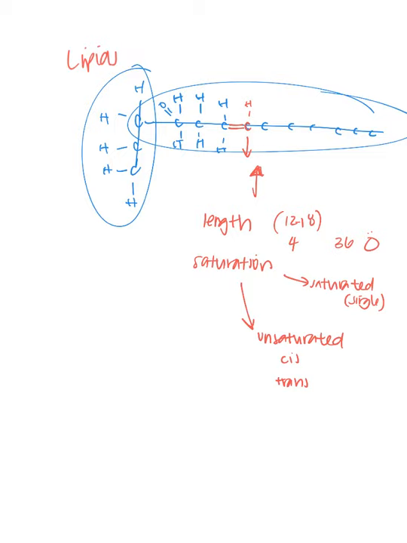So let's redraw this fatty acid tail. Carbon, carbon, carbon. Now I introduce a double bond. Carbon, carbon, double bond, carbon, back down, carbon, carbon. Okay, so there's my fatty acid tail.